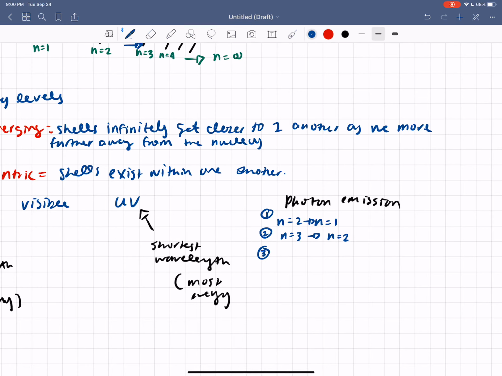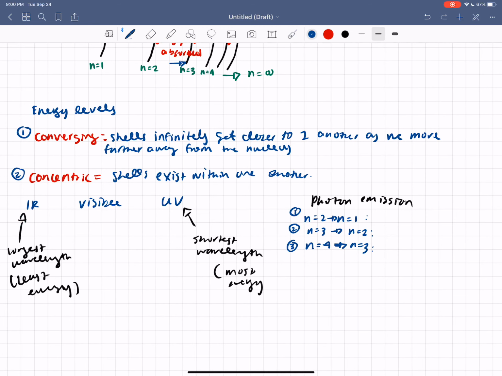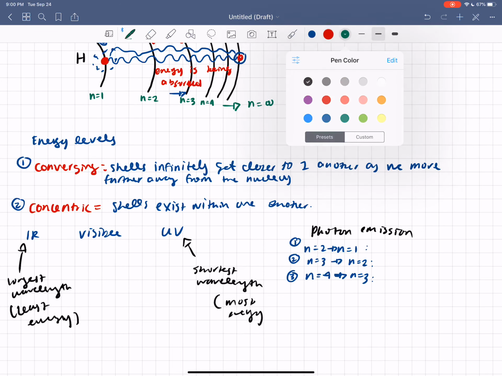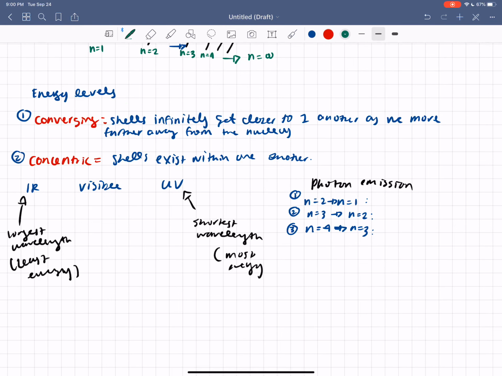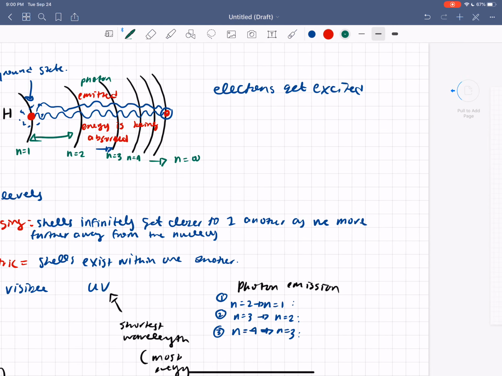And I had another electron which transitioned from N equals 4 to N equals 3. What kind of photon would each transition emit? So N equals 2 to N equals 1 would release a lot more energy than the other two examples, because the gap between N equals 1 and N equals 2 is a lot bigger than the gap from N equals 2 to N equals 3 or N equals 3 to N equals 4.